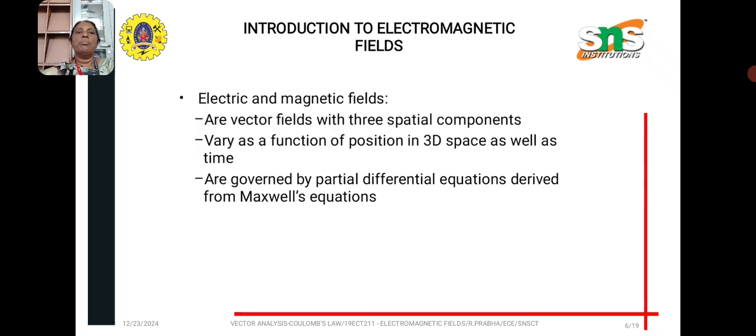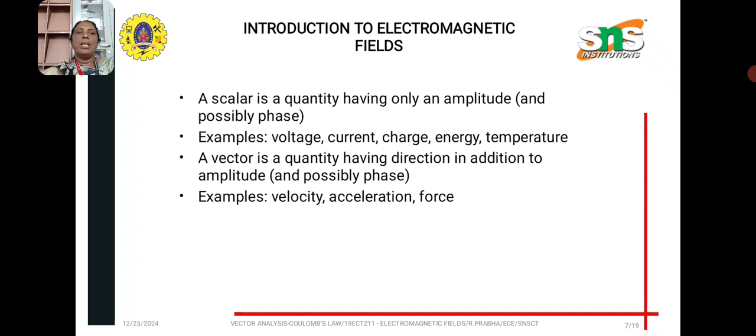In electromagnetic fields, the electric and magnetic fields are described as vectors with three spatial components, and they vary as a function of position in 3D space as well as time, and are governed by partial differential equations derived from Maxwell's equations. A scalar is a quantity having only an amplitude and possibly phase.